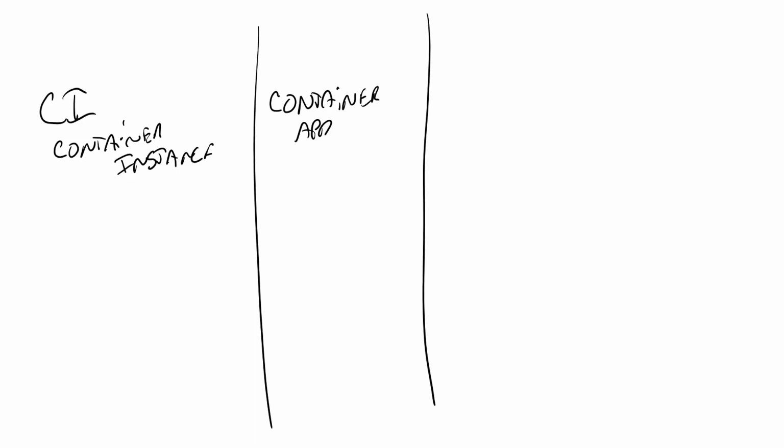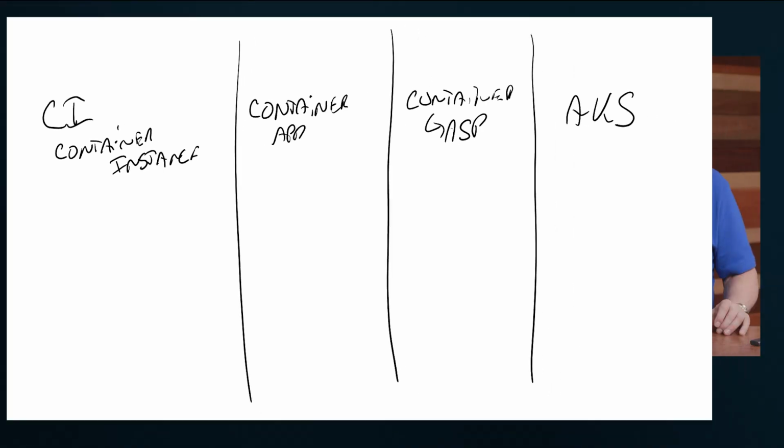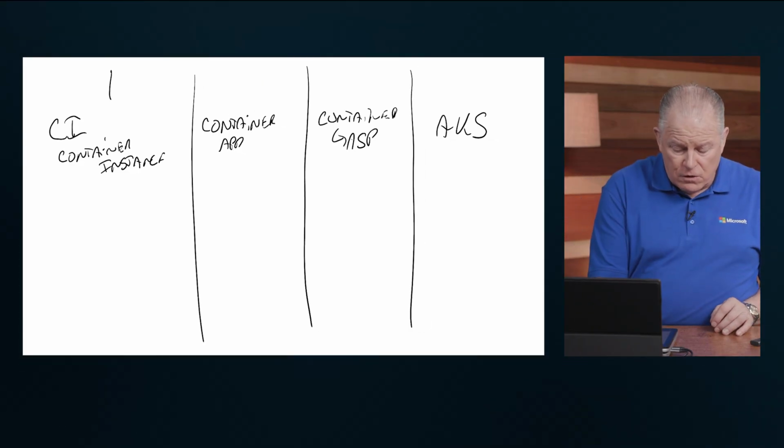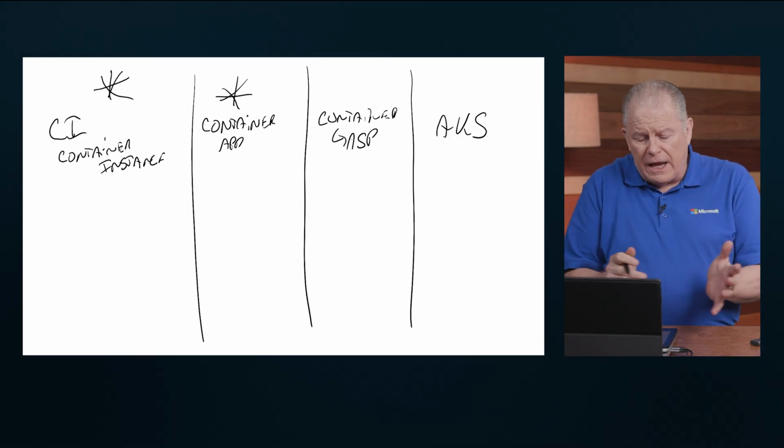We're going to take a look at a container in an app service plan. And then we're going to take a look at a full AKS solution, or Azure Kubernetes solution. Now, officially, the course is only going to cover these two. I'm going to introduce the other ones just so you can see the full range.